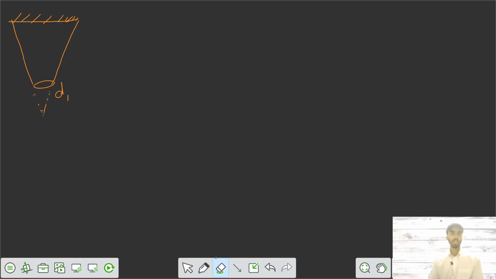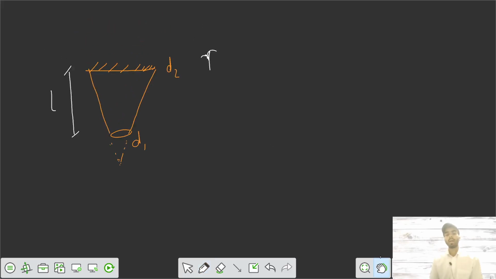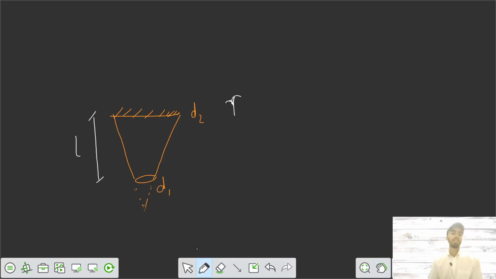The diameter here is D2, and the length is L. It has self weight W and unit weight gamma, and we need to find the deformation delta for this bar.